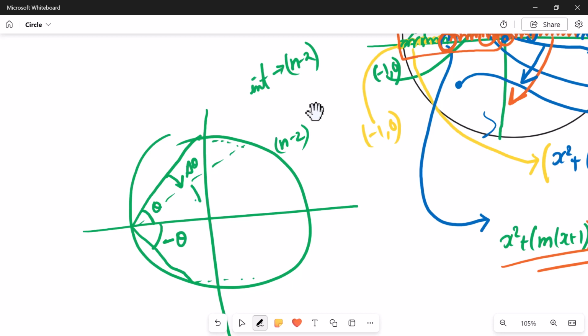After numerous subtractions, you will get to this angle. The last angle will be minus theta, because this angle will be measured clockwise, and the other will be measured anti-clockwise. So if this is theta, then this is obviously minus theta.